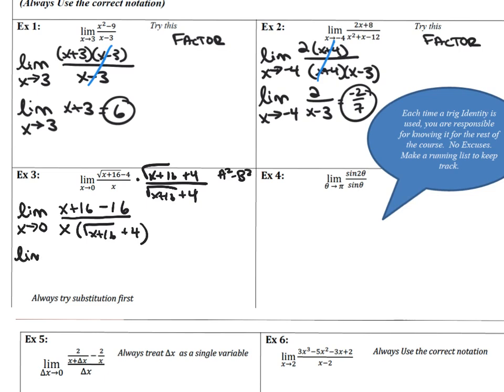Then we'll take the limit as x approaches 0. The numerator simplifies to x. The denominator has x times that conjugate. And we can see that we have a common monomial factor of x, so we can cross them out.